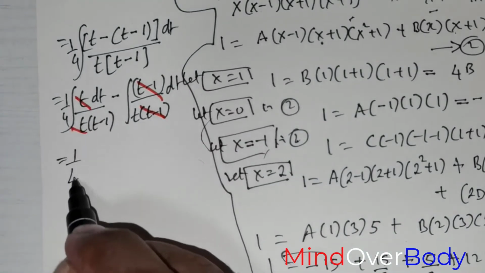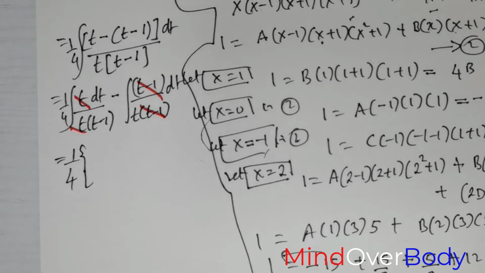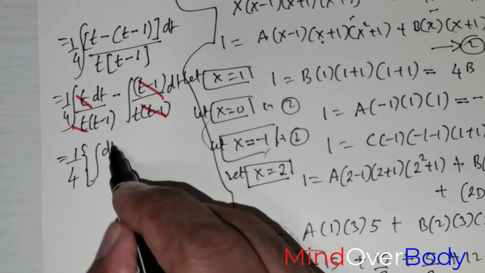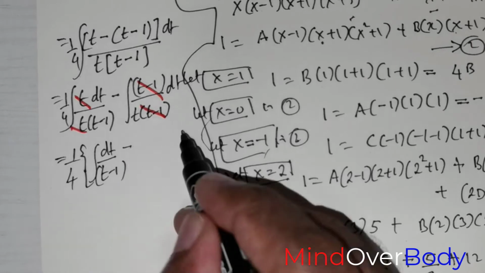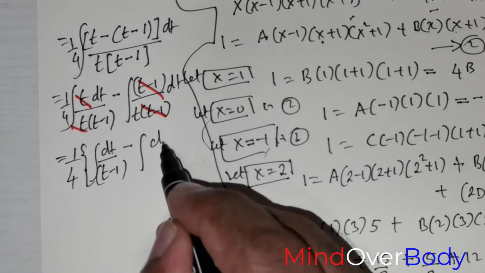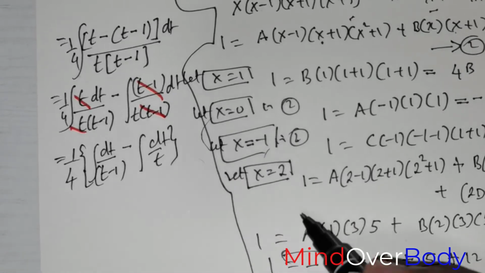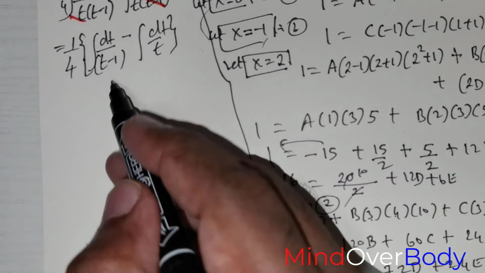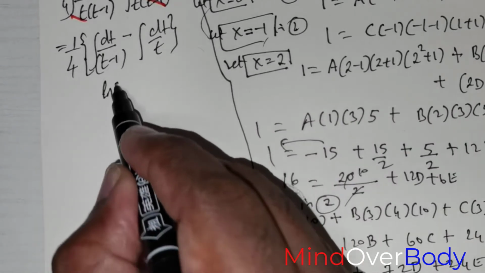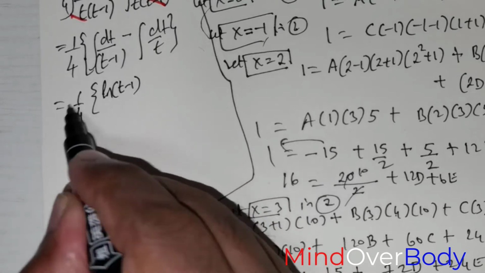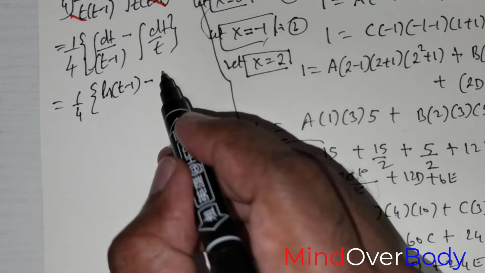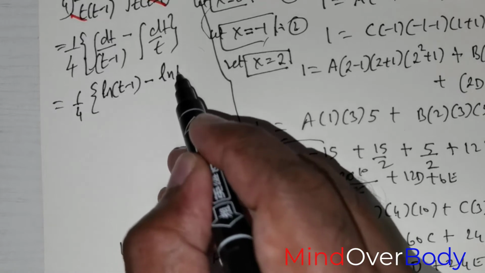So let me rewrite this as 1 over 4 times integral dt over t minus 1, followed by a negative sign, integral dt over t. Now integral of dt over t minus 1, that's going to be ln of t minus 1. Of course there's a 1 over 4 there, followed by a negative of ln of t.